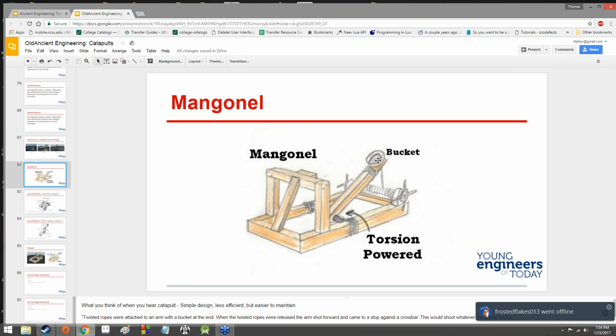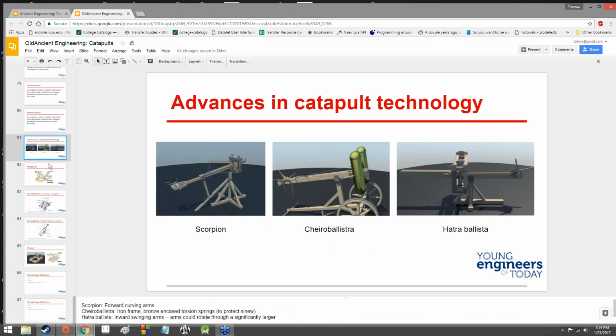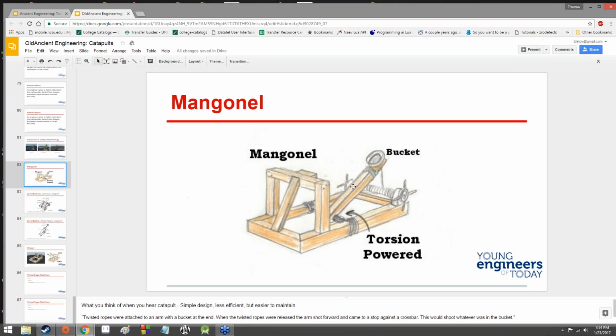It wasn't quite as efficient just because the arm was so heavy, and the bucket just sort of flung it, so it wasn't as accurate as either of these, but it was very easy to maintain, and it was very simple to build. And so this was the advent of the traditional catapult.